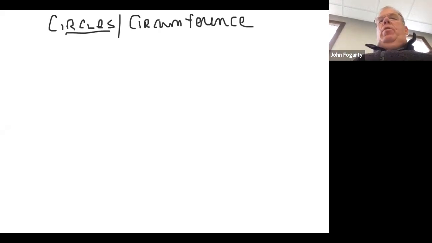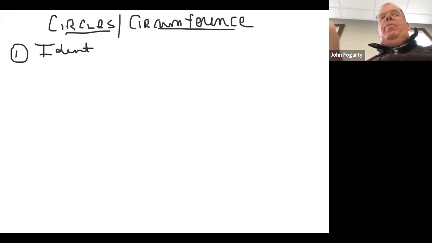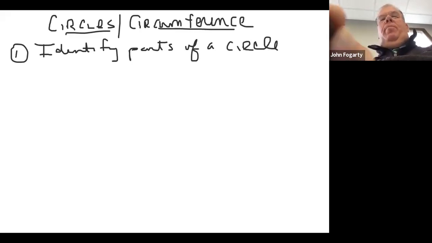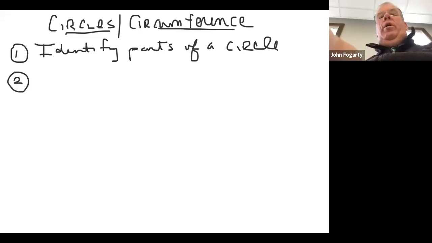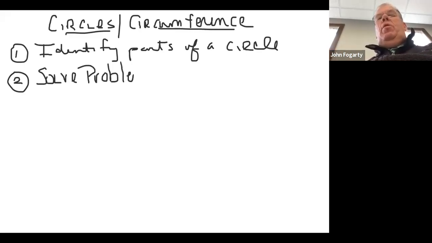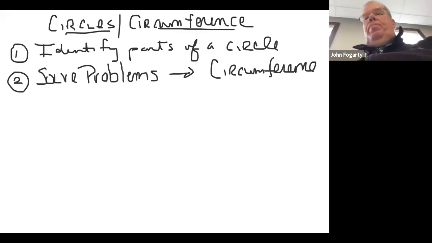The first thing we have to do is identify parts of a circle. And then once we identify certain things about the circle, we're going to solve problems using circumference. All righty. Does that make sense to people?